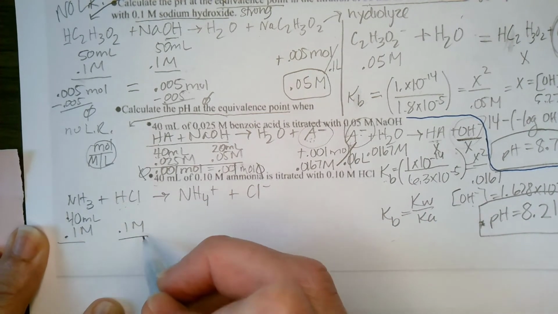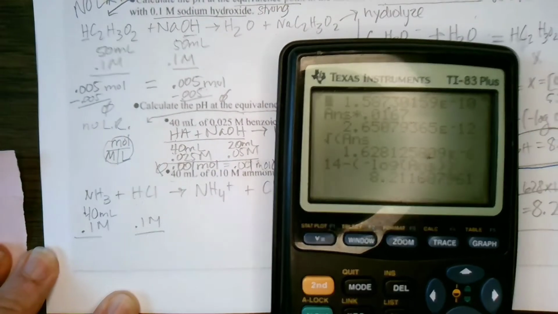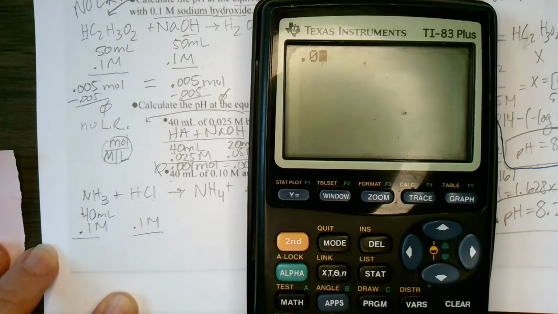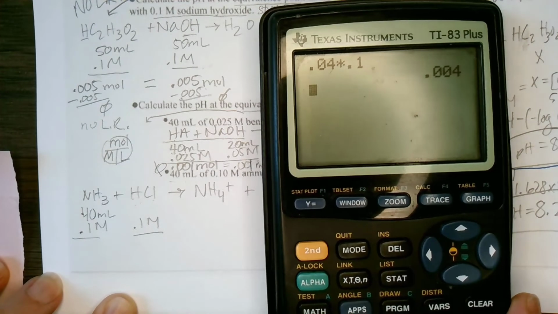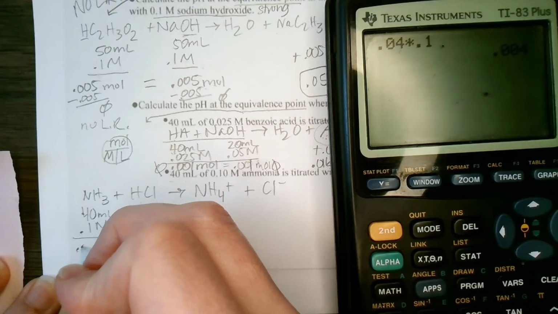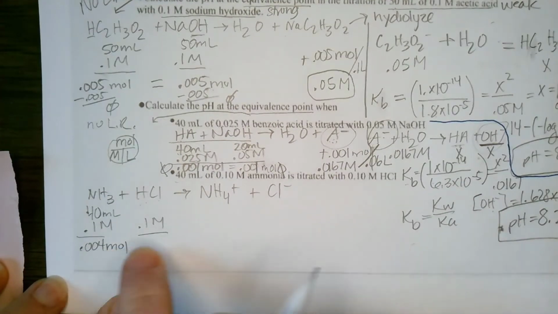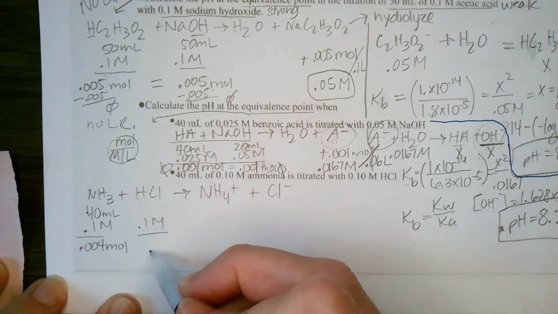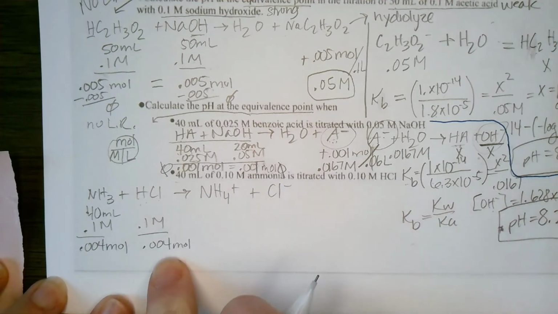All right, so let's figure out how many moles of ammonia we have. We've got 0.04 times 0.1, which gives 0.004 moles. Again, at the equivalence point we need equal moles of our base and our acid, so we would have 0.004 moles of our HCl.